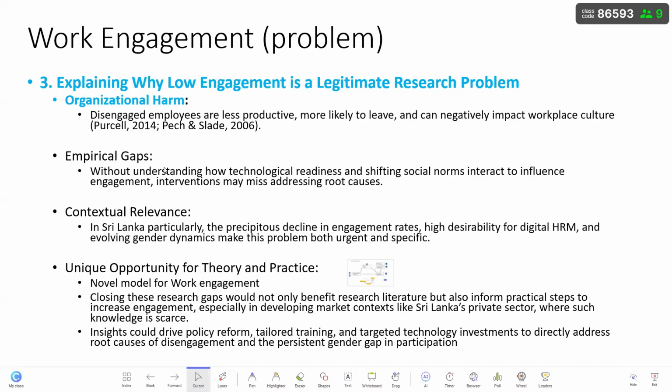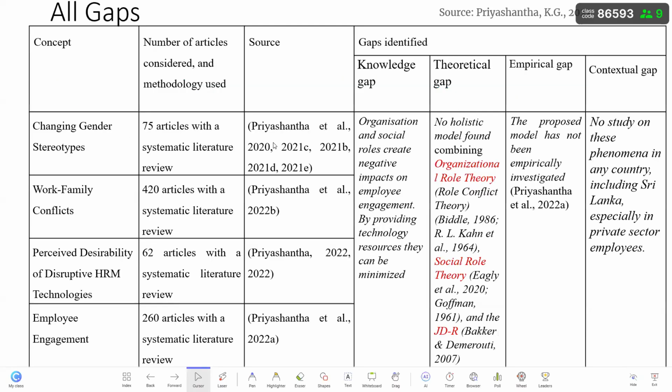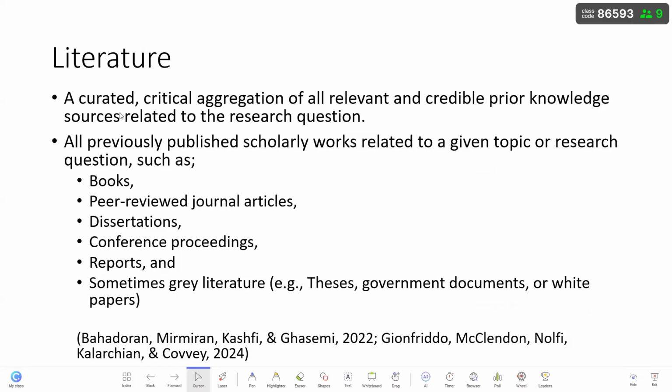For all these, you are supposed to refer to literature. You need to review literature. So that's how the literature review is really important for your research, right? So then what is literature?